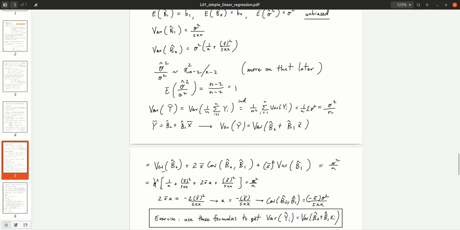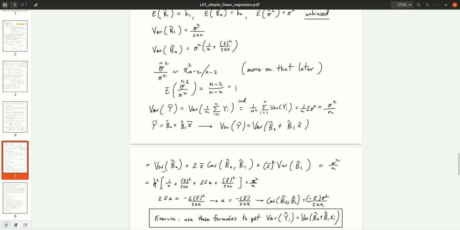So let's start with, what is the variance of y bar? This is the sample average of the yi random variables, as I've indicated here in this equation. Because the yi's are independent, we know the formula for calculating the variance is you take the 1 over n out and square it. And because they're independent, you can bring the variance inside the sum. So this becomes 1 over n squared times the sum of the variance of yi. We know that the variance of yi is the same as the variance of epsilon i.